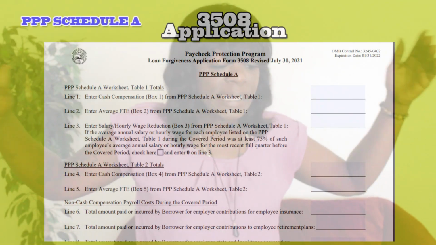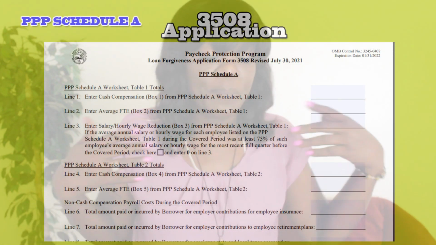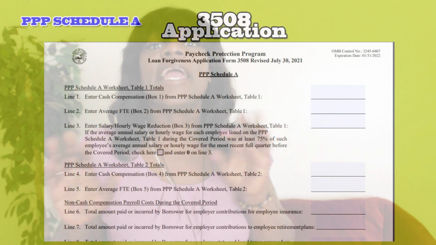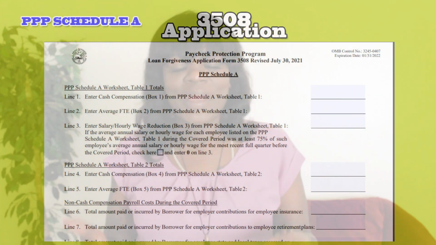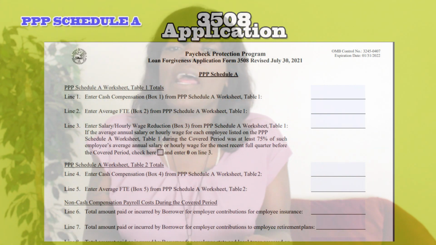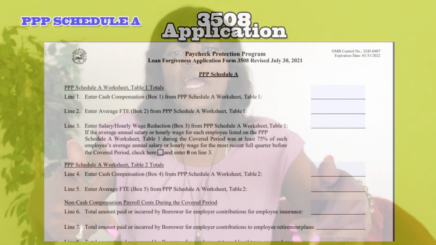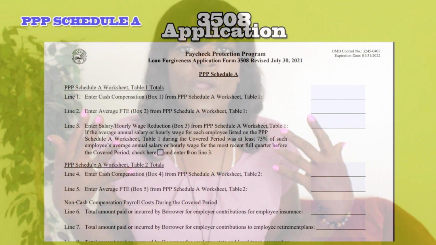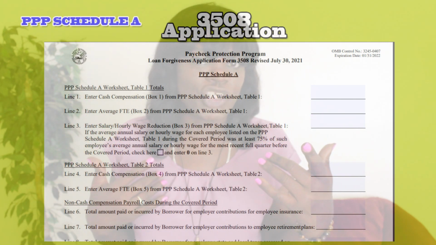Let's do it. Okay, now we are parked at the PPP Schedule A form. However, still can't do this form because we need the PPP Schedule A worksheet. So let's pull out that worksheet. We're going to get that Schedule A worksheet going.